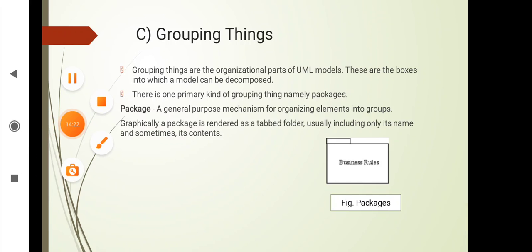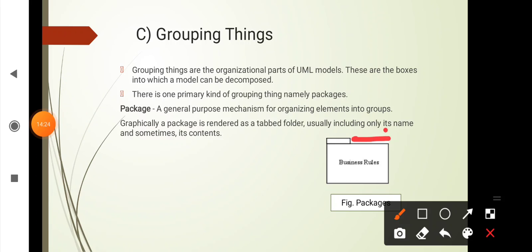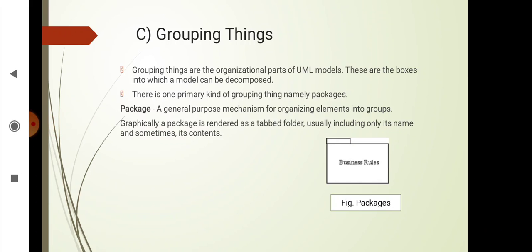This is called a tabbed folder, and it usually includes only its name, sometimes its contents also. Here is the symbol for package, for example business rule.